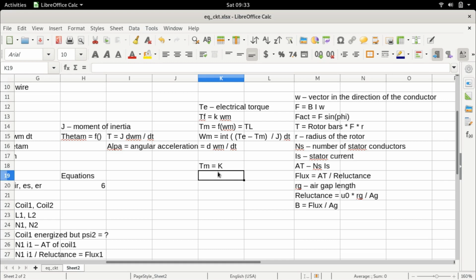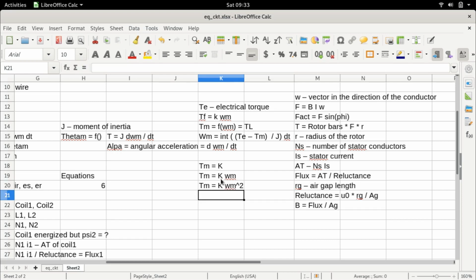Of course, this is a fairly rare case, because usually as your load speed changes, the torque will also change. We can also consider another case which is equal to K into omega m. So this is almost a linear characteristic, which means the torque increases linearly with the speed. And we can also consider things like K into omega m square, right?